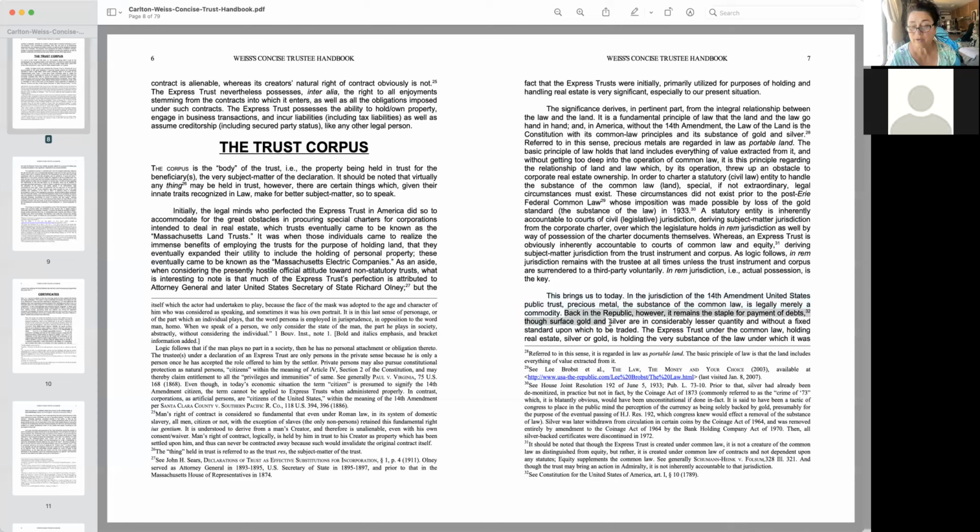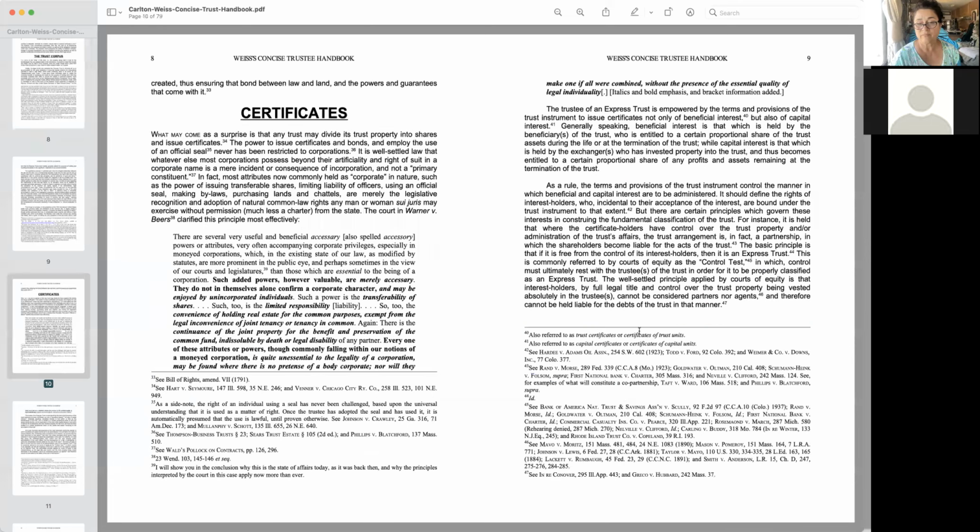Back in the Republic, however, it remains the staple for payment of debts, though surface gold and silver are in considerably lesser quantity and without a fixed standard upon which to be traded. Let me go back.